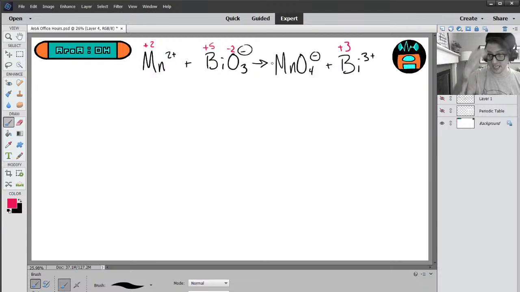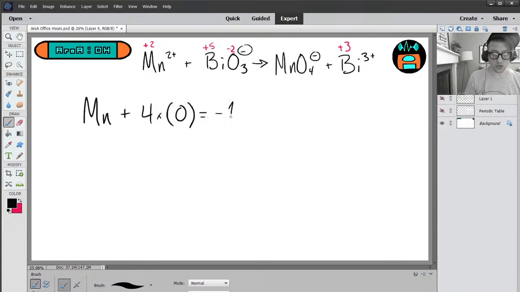Now we have to give manganese the same treatment on the product side. We know that the oxidation state of manganese plus 4 times the oxidation state of oxygen equals our total charge, which is -1. And again, oxygen is the most electronegative element in this species, so it is going to have its regular ionic charge for its oxidation state, -2.